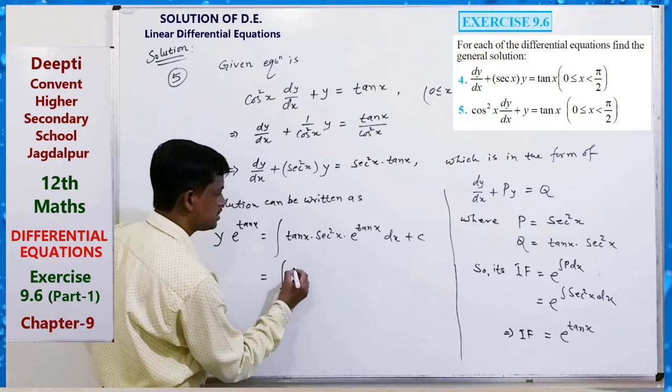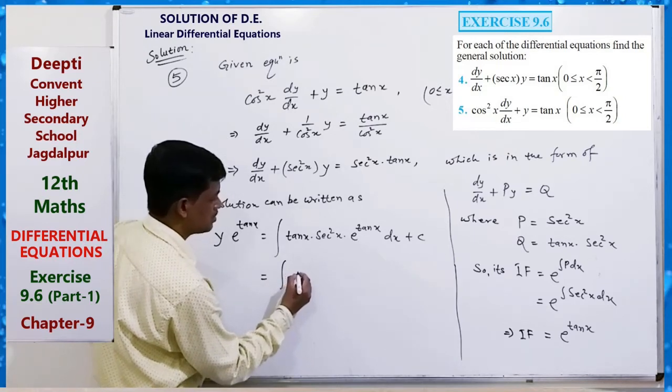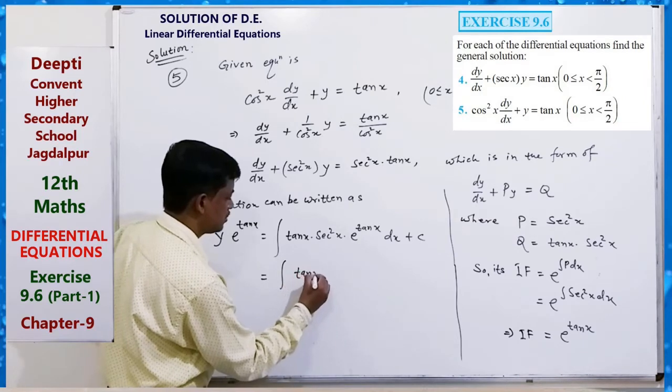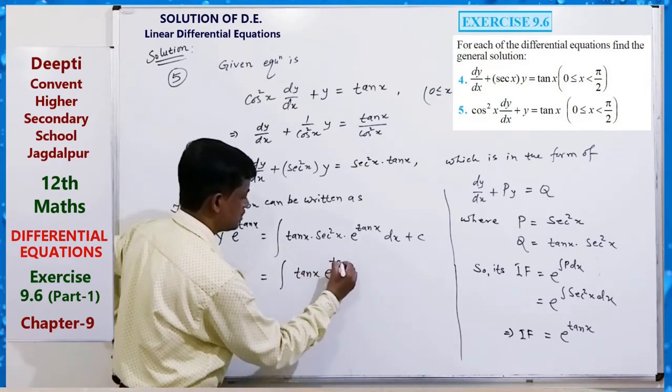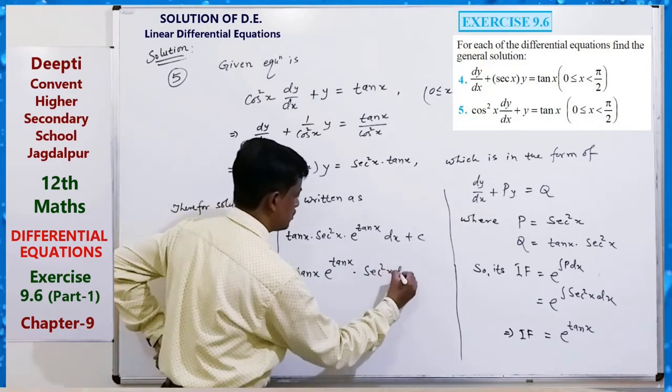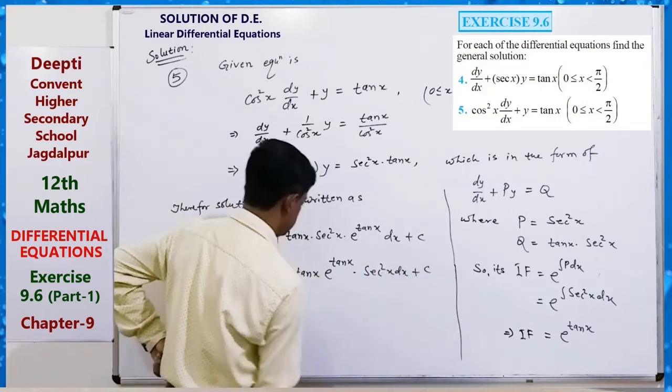So this integration can be solved just like this: integration of tan x e to the power tan x sec square x dx plus c.